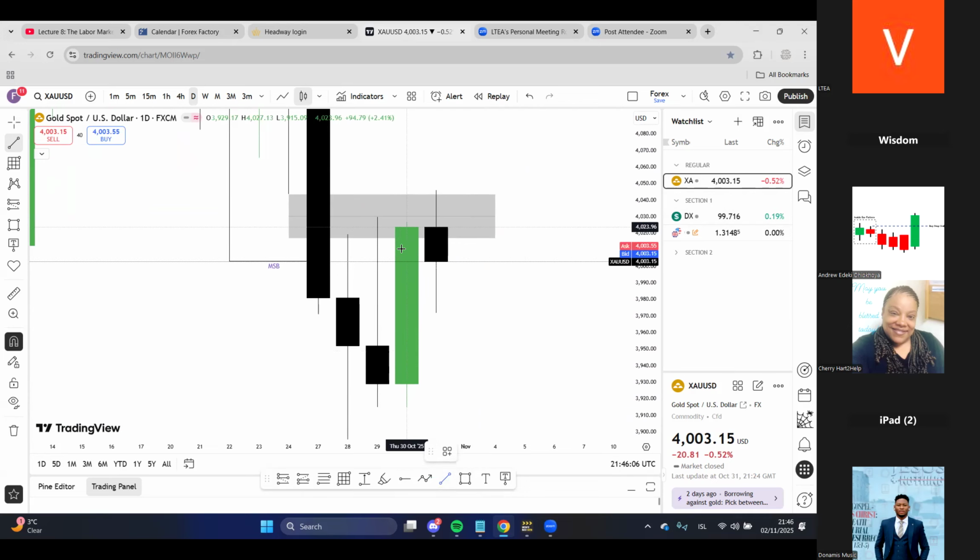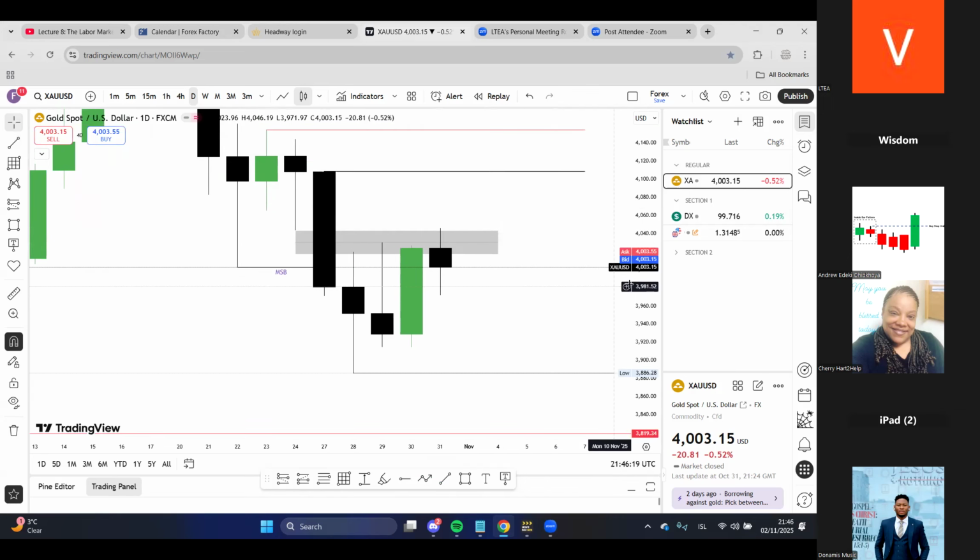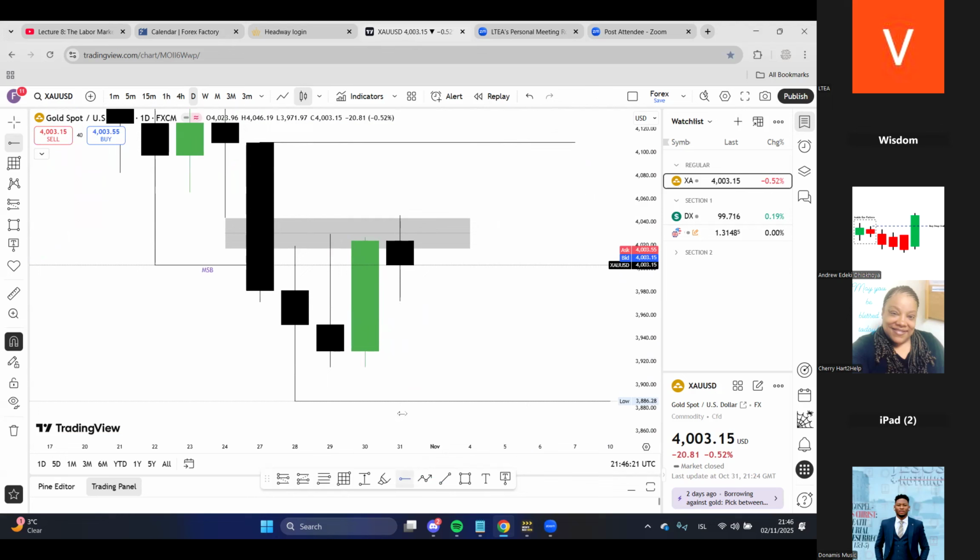Friday took both highs into this area, failed to break above, and rejected, closing below. Looking at price action, this is telling you that price is respecting this level. You can see how price trades through it and comes down.